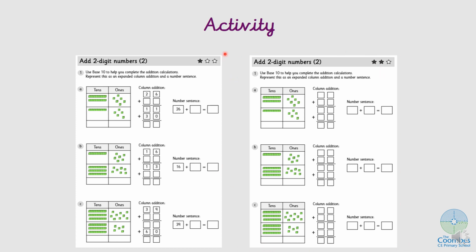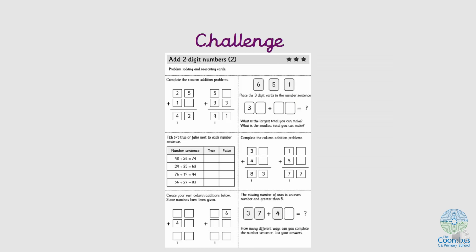So have a little look at the worksheets and see which one you would like to complete first. Once you've finished either the mild or the medium chili challenge, you can give the hot chili challenge a go. And again, this is using your problem solving skills to solve the calculations. Good luck if you're giving the challenge work a go.